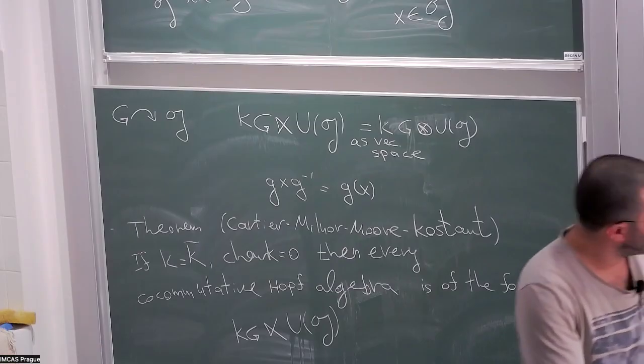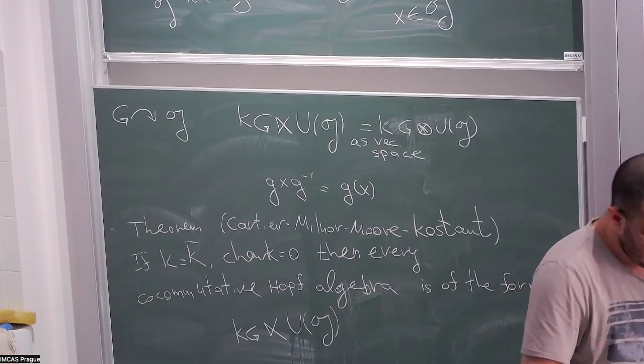Because as we said, G is not a commutative group.